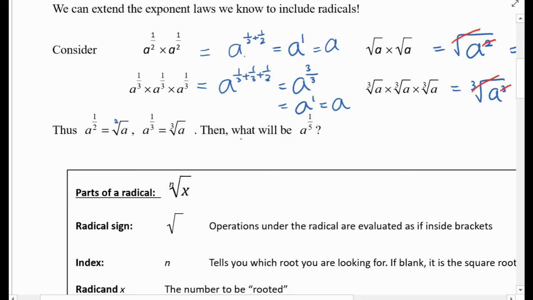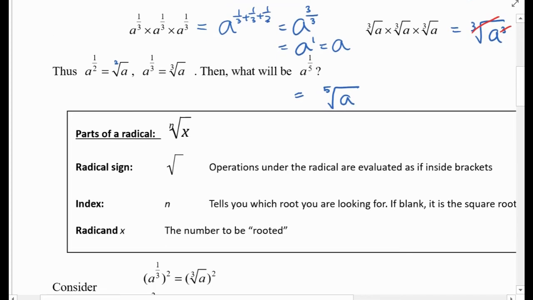Then what will be a to the power of 1/5? What do you think? It becomes 5th root of a. So do you see the pattern?